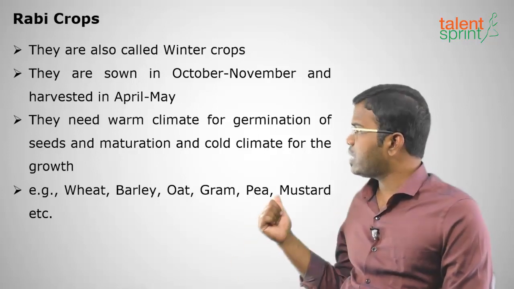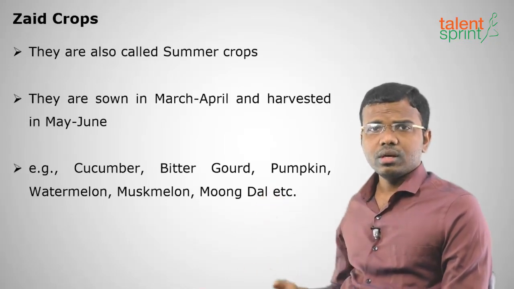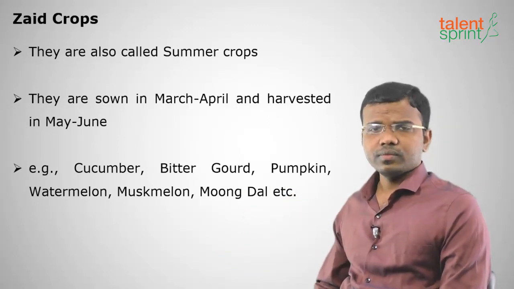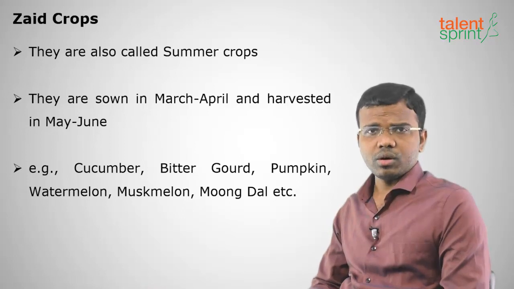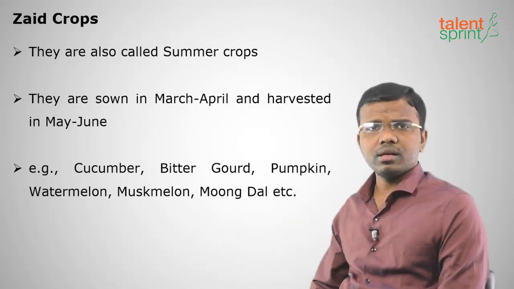And moving on to the third categorization of crops based on seasons, which is Zaid crops. As the name says, Zaid crops are grown in between the Rabi and Kharif crops. Okay, after the Rabi crop, the Zaid crop is grown. Okay, after the Zaid crop, we have again Kharif crops.